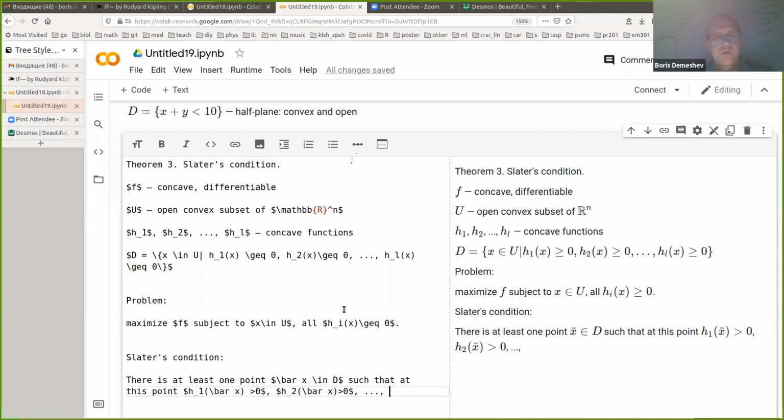It's not an average like in statistics, it's just a point in Rn. So do not confuse this notation with arithmetic mean. So there is at least one point such that at this point every h, h1, h2, h3, and so on are strictly greater than 0.